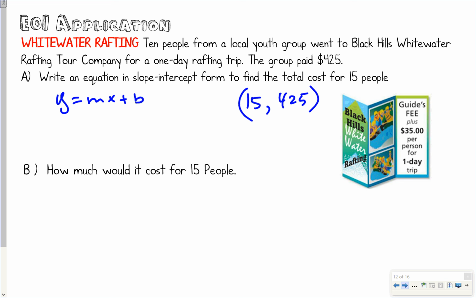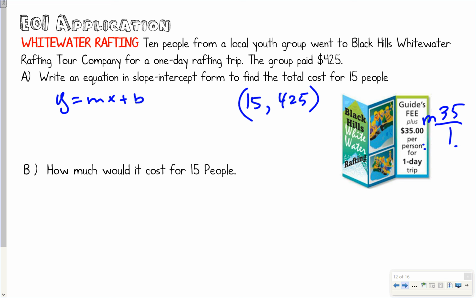okay, that's my point. Everybody with me so far? Okay, so I know what? M equals 35 over per person, so for one person it's $35. Everybody with me so far? Okay, so now what am I going to have to do? Plug everything in, right?